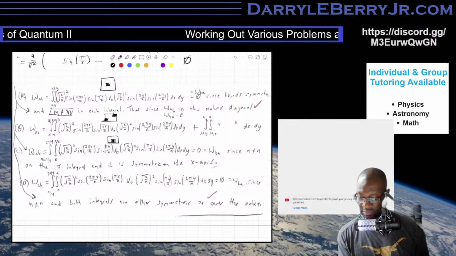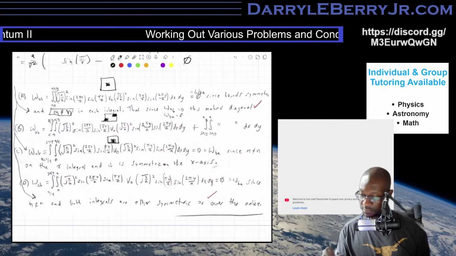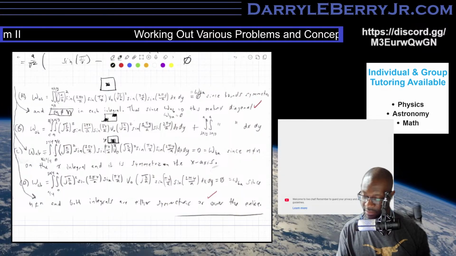And one thing that trips me up a little bit is that the perturbation is only on half of the x-axis for this one. So this is y, this is x.